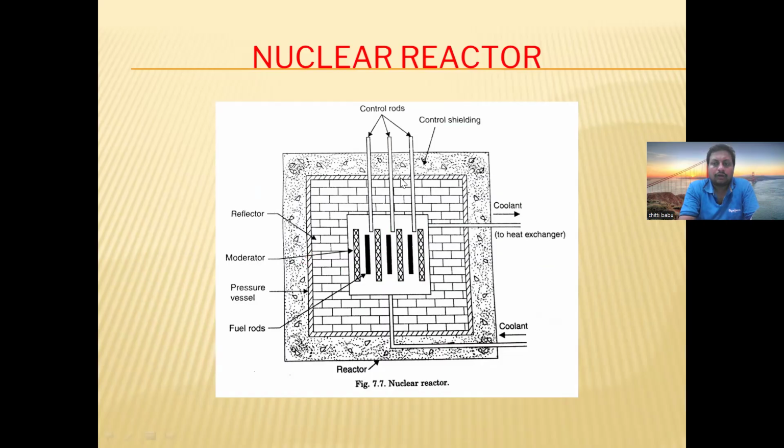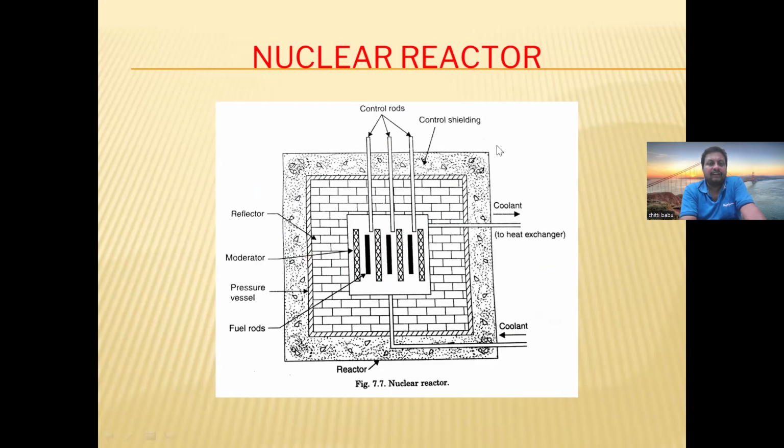If the control rods are not used properly, it will form a bomb, because a large amount of heat will be generated. If we do not control it, it will form a nuclear bomb. That is the main disadvantage of the nuclear power plant.